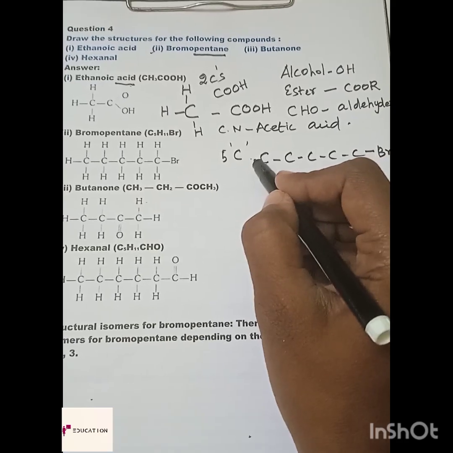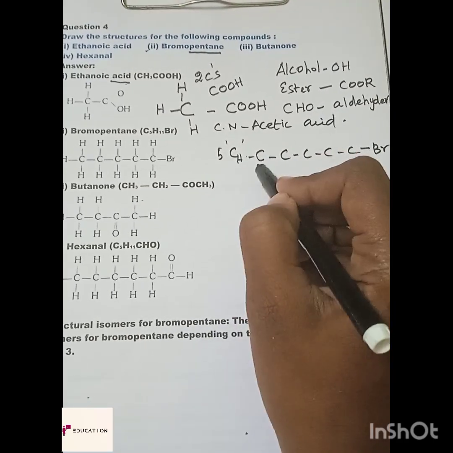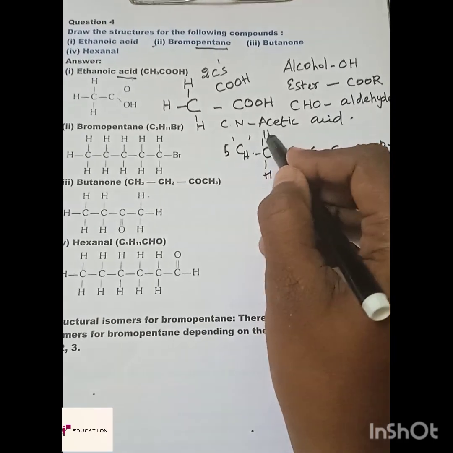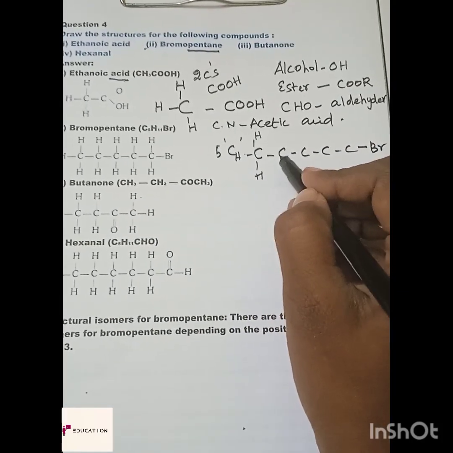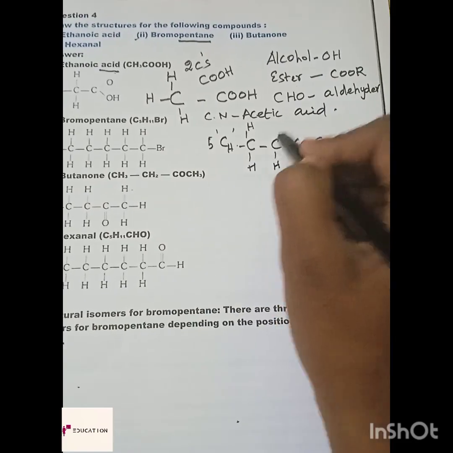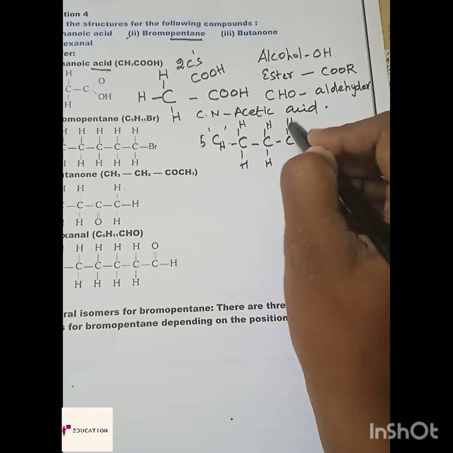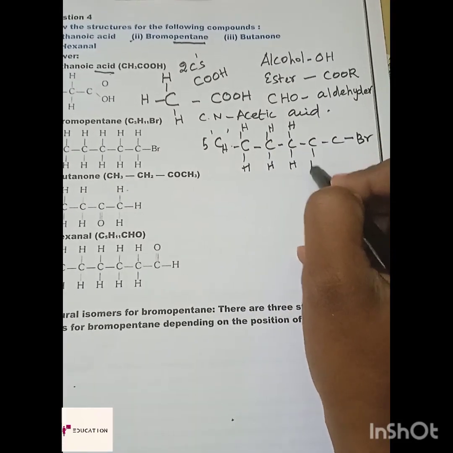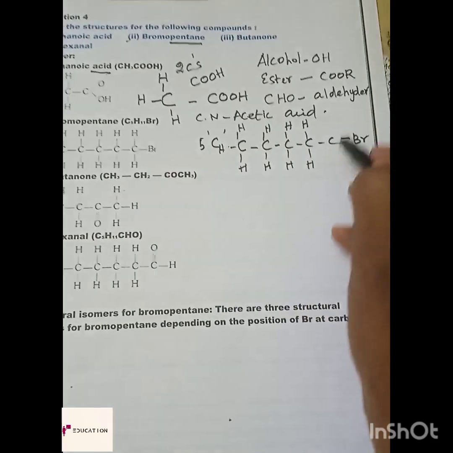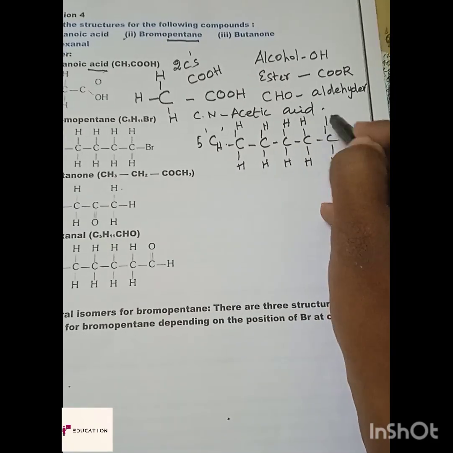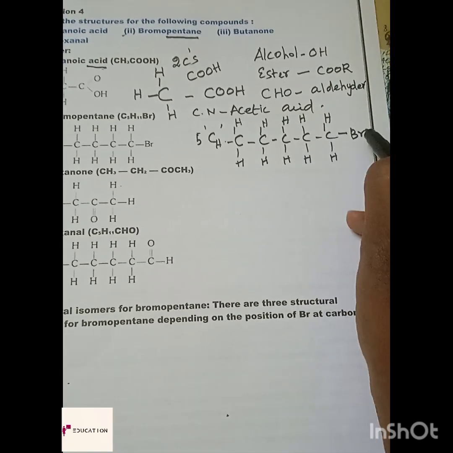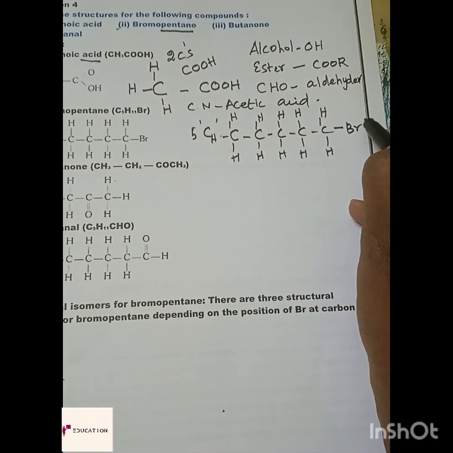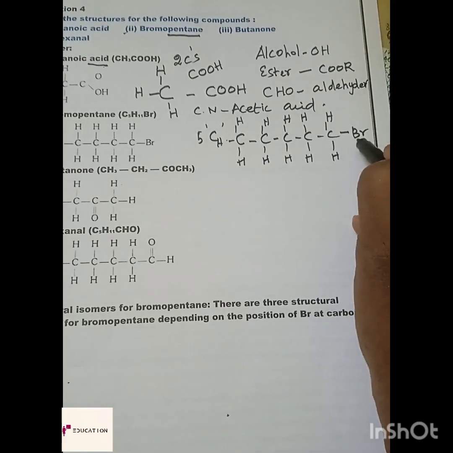Okay, next, now you have to fill the hydrogen. So single carbon atom surrounded with the 4 hydrogen atoms. So H, H, H, each bond represents the hydrogen only. Okay, by mutual sharing of electrons, the covalent bond. Instead of the hydrogen, here the functional group is, what is it?